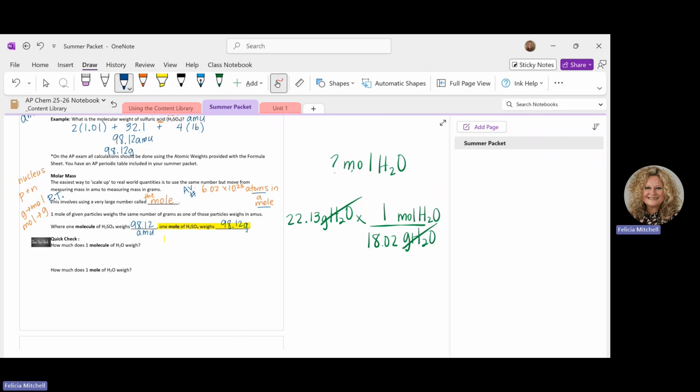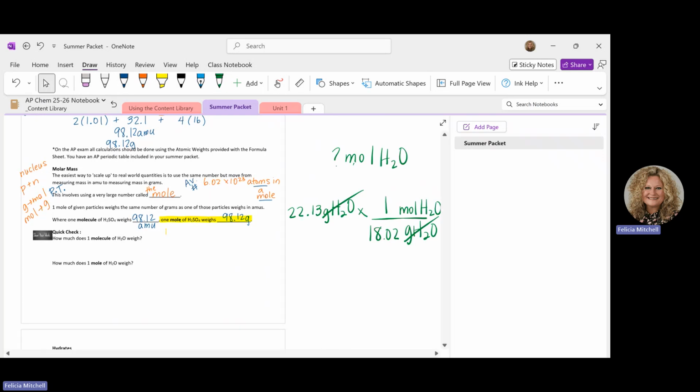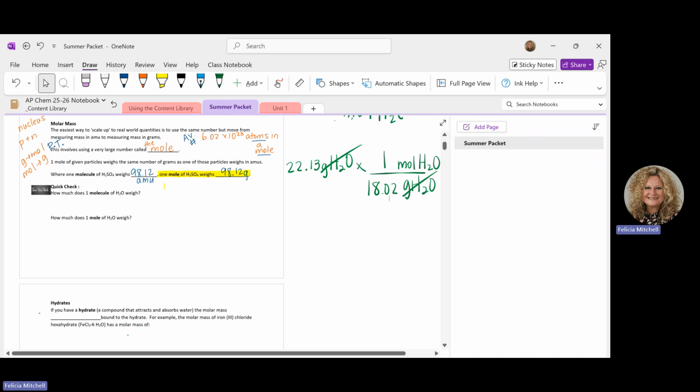Well, that is just saying, hey, add up all of the AMUs in the periodic table and report it. So it would be 18.02 AMUs. You're saying 1.01 times 2 for the hydrogens plus 16 for the oxygen. And 1 mole of water would weigh the same number, but now you would report it in grams.